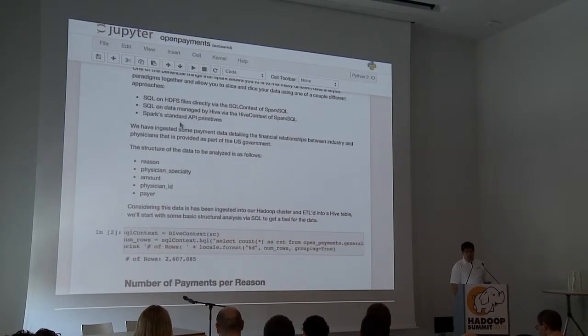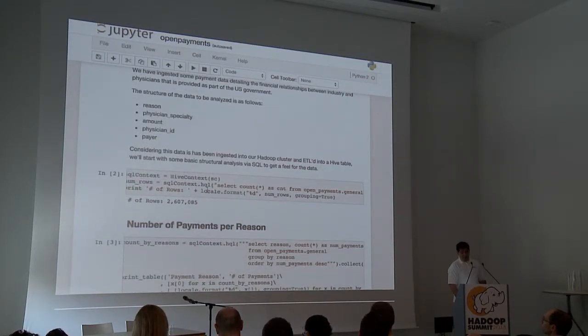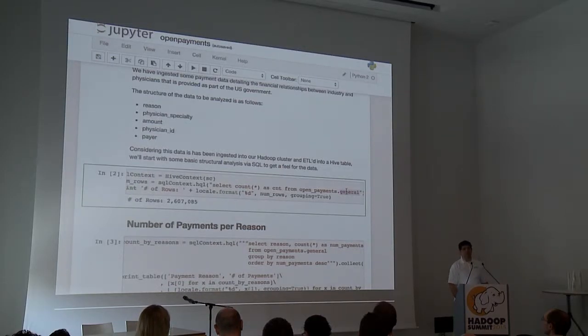One of the first things we do with any data set is look at summary statistics about it. That means generally interacting with the data in a way that SQL was intended to. And since SQL was intended to do this, we'll use SQL for this kind of summary stuff. First off, I want to know how many rows there are. There are about 2.6 million, and I did a select count star. I'm pulling this data from Hive.